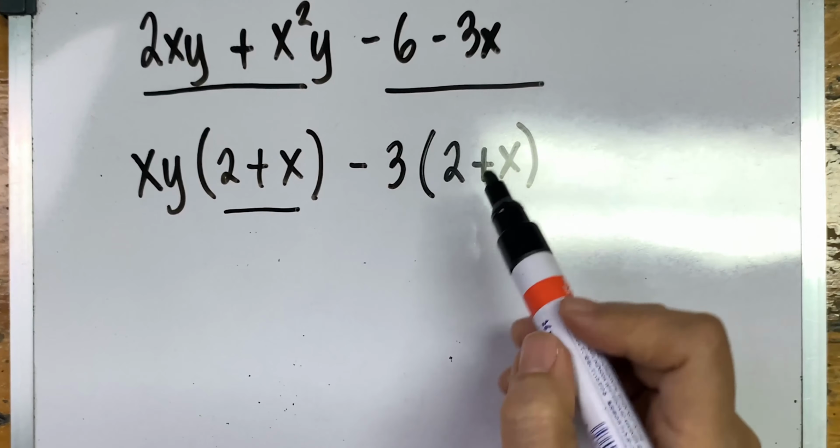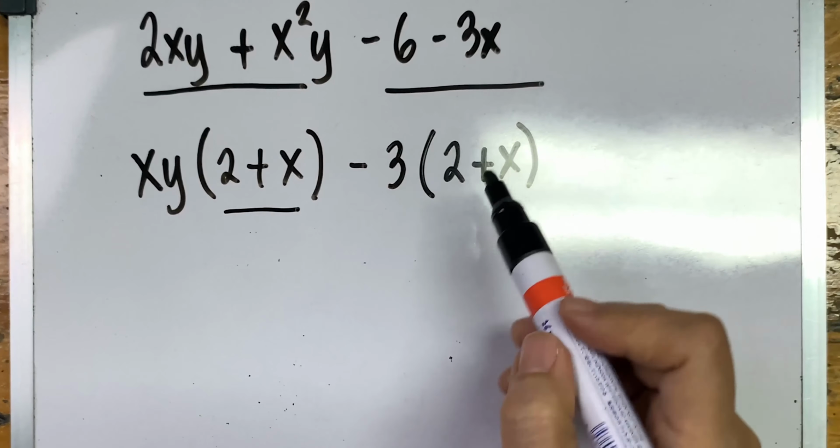And then x times negative 3 is minus 3x. Okay, we'll just rearrange this and then it will be the same as our given. So 2xy plus x squared y minus 6 minus 3x. So therefore, our factors are correct.